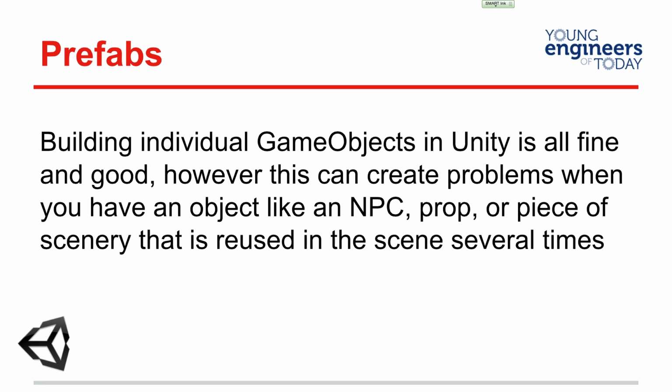When you have an object like an NPC, a prop, a piece of scenery, an enemy, something that is reused several times within a scene, and you want to change some aspect of your enemy or your prop, but you want all copies to change, that's a very annoying thing to do.